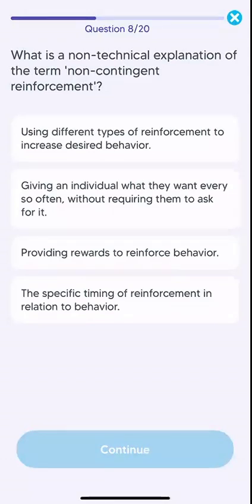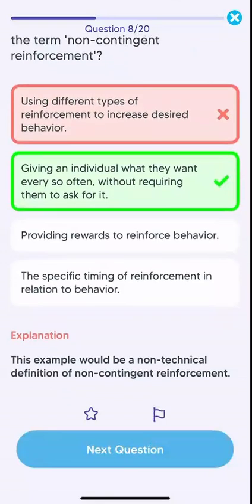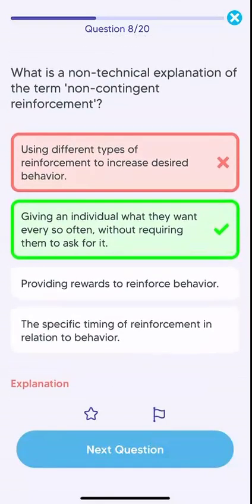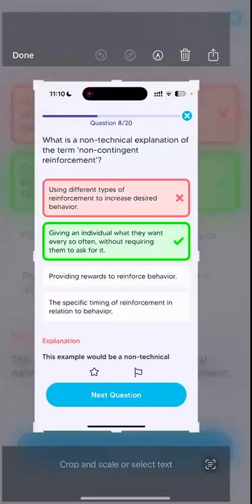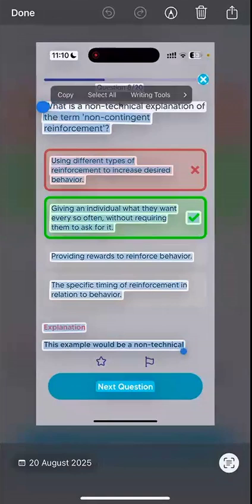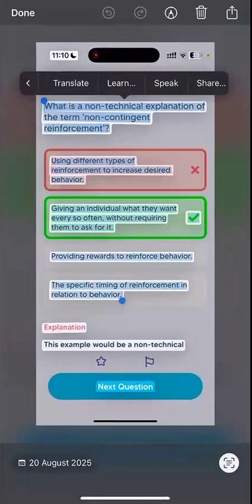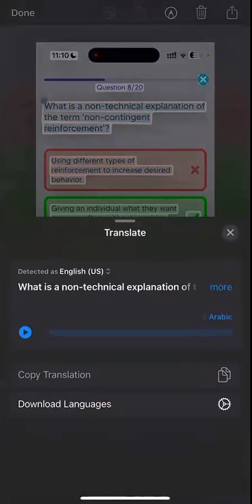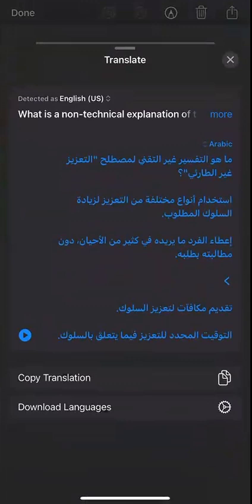I think the first one. Using different types of reinforcement to increase the desired behavior. Wrong. Why? Giving an individual what they want every so often without requiring them. I'm sorry, but this is not technical. This example would be non-technical.